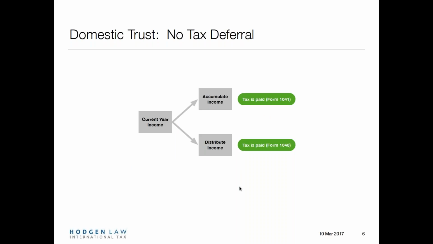If the trustee decides to accumulate the income, tax is going to get paid on it in the year that the income is earned on Form 1041, the trust income tax return. If the trustee decides to distribute the income to the beneficiary, then the income is going to get taxed on the beneficiary's tax return, Form 1040, again in the year that the income is earned. So there's no deferral possible, which is the way that the U.S. tax system is set up.